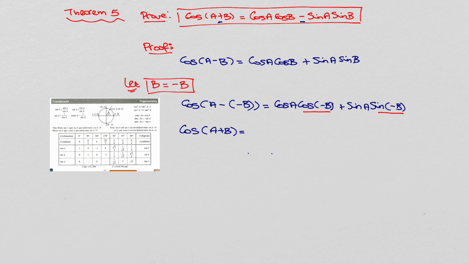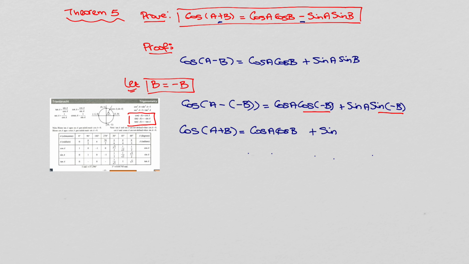And if we look again on page 13 in the maths tables, we can see that if we have cos of a negative angle, it's the same as cos of the positive angle. So that means that cos of minus B is just going to stay as cos B. But sine of minus B is going to become minus sine of the angle.